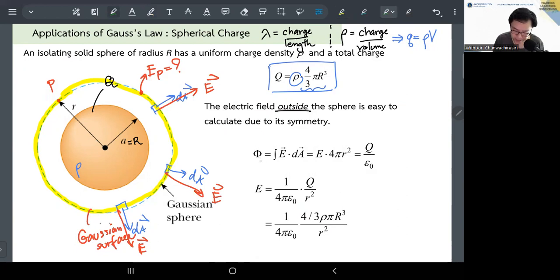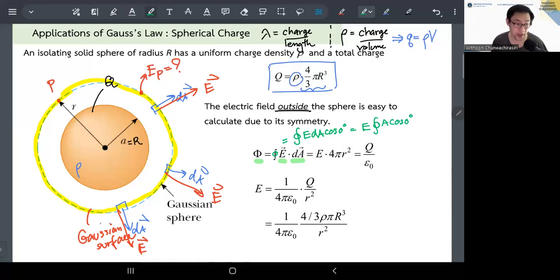Net flux is the integral of E dA, and we're going to do a full integral across this surface, so I put a circular sign on it. It's going to equal the integral of E dA cosine 0, because E and dA are parallel to each other. Because E is exactly the same in all directions, it has constant magnitude, so I can pull it out of the integral.